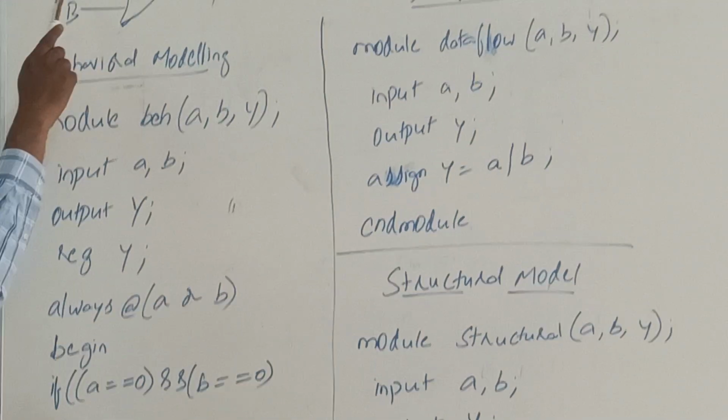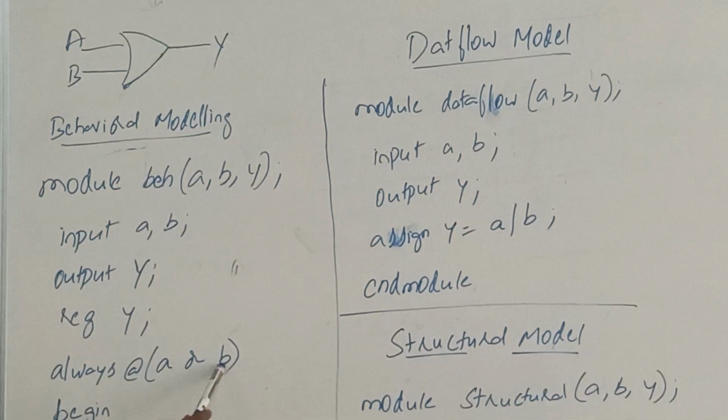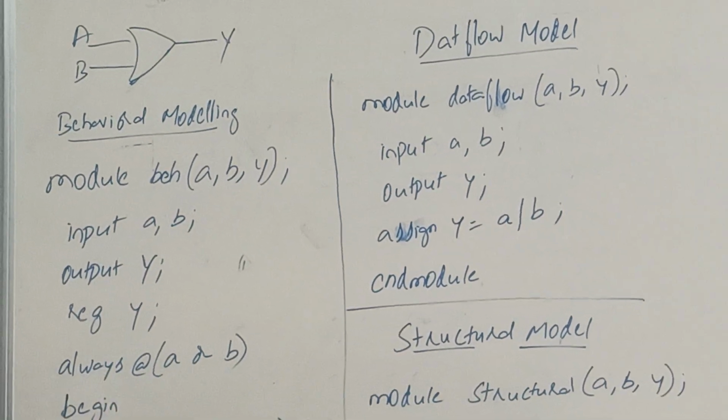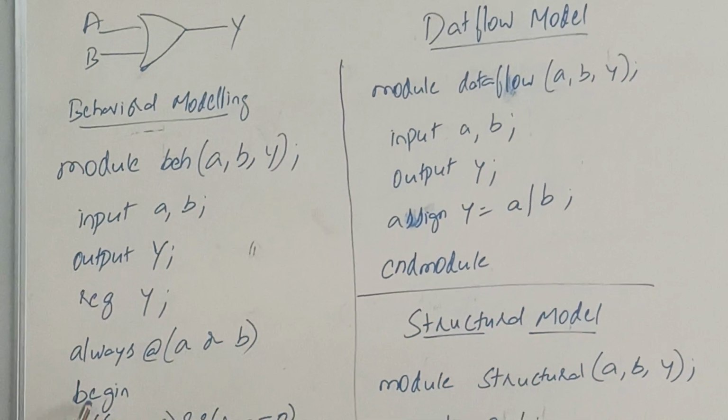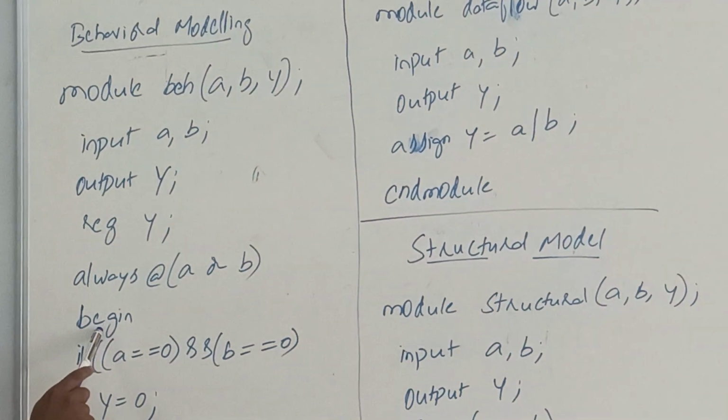That means whenever there is a change in A or B, the circuit is going to trigger. So I start with begin. Now the program begins from here.